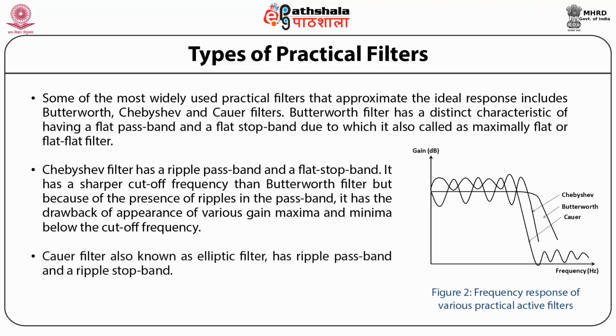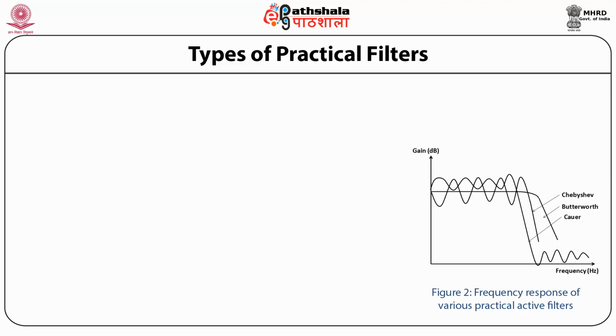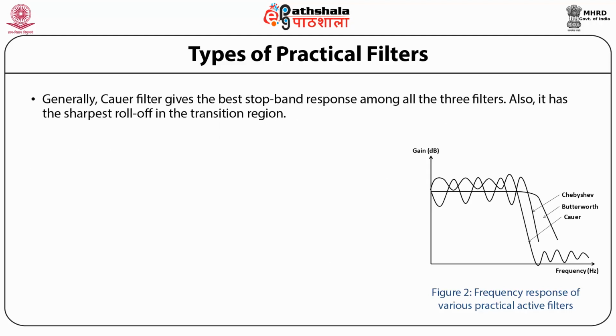Cauer filter, also known as elliptic filter, has ripple passband and a ripple stopband. Generally, Cauer filter gives the best stopband response among all three filters. Also, it has the sharpest roll-off in the transition region.